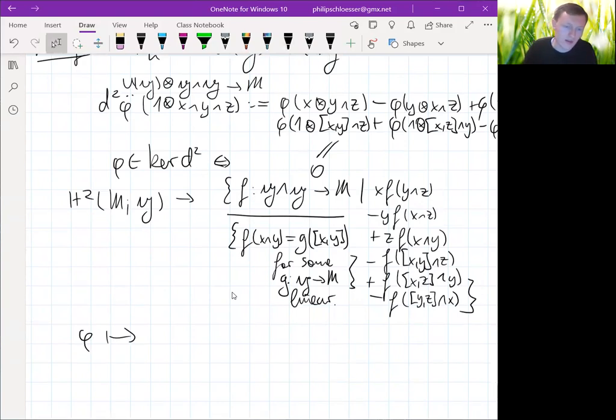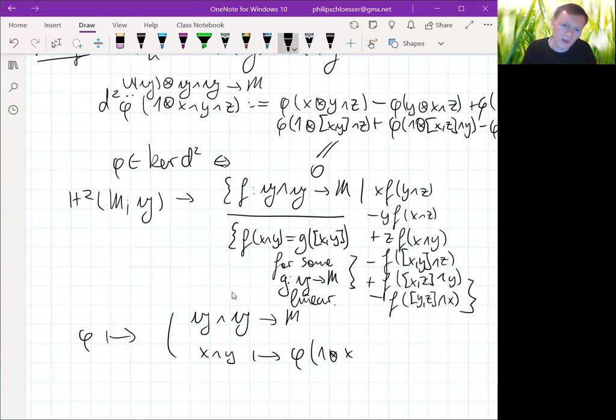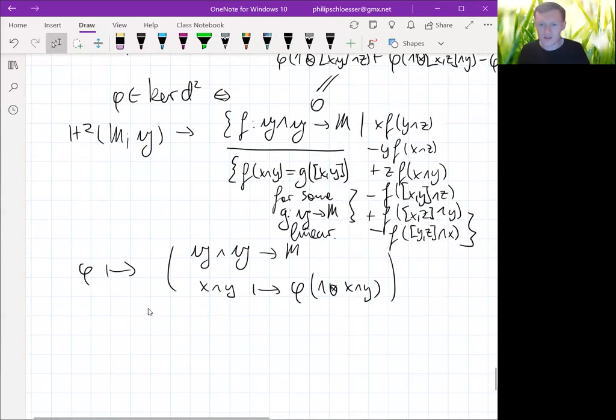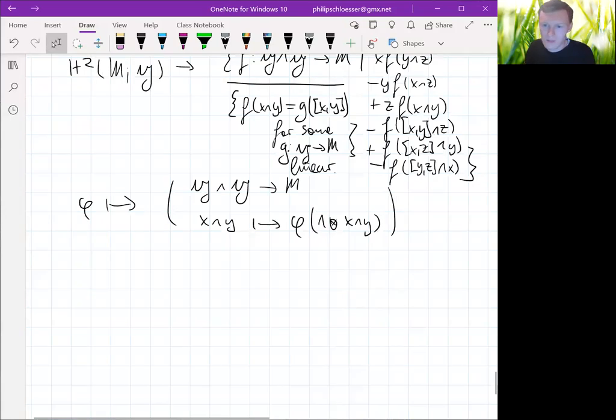We send phi to the map from G wedge G to M that maps x wedge y to phi of one tensor x wedge y. And well, using the linearity, you can quickly verify that that's indeed an isomorphism. Or I guess in this case, a linear map that is invertible.